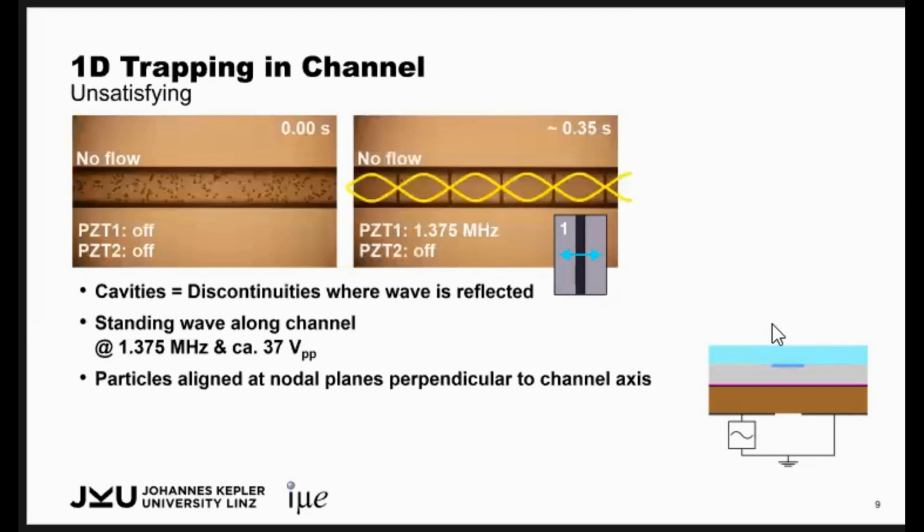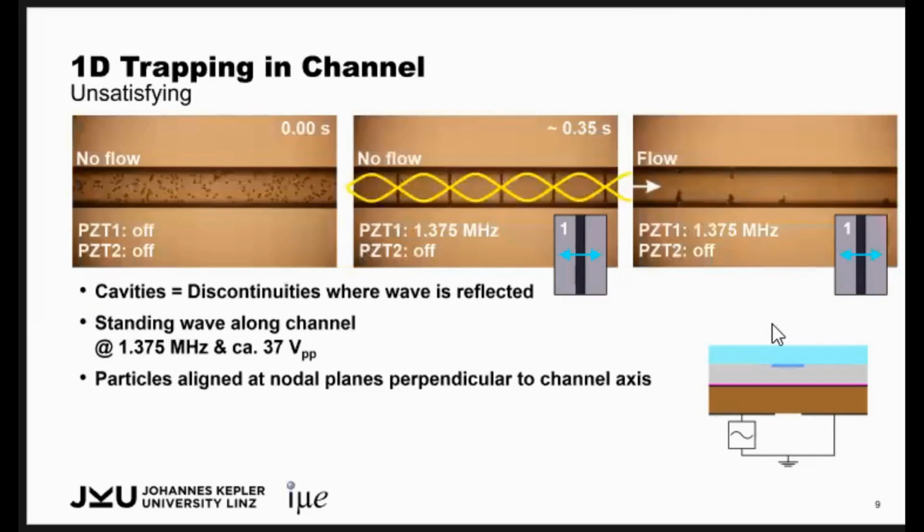And yes, we can, but when we apply some flow, due to the parabolic flow profile, the particles are pushed to the side walls, and there we don't want to have particles because we don't see them, and they also get stuck. So the solution is, if the particles are pushed towards the side of the channel, we have to push back.